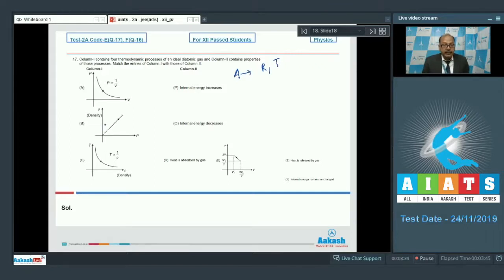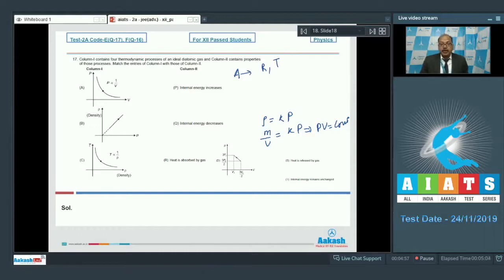Let's look at B now. In B, we have a graph of density versus pressure. We can see that it's a straight line. When extrapolated, it passes through the origin. So for the process B, density is directly proportional to pressure. So we can write rho is equal to some constant K into pressure, and rho can be written as mass by volume is equal to K into P. So we have PV is equal to constant. So that means process B is also an isothermal process, but here pressure and density are increasing, which means volume is decreasing.